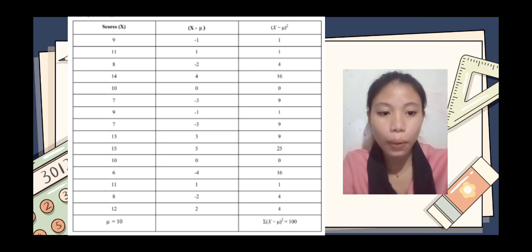So 9 minus 10 equals negative 1. 11 minus 10 equals 1. 8 minus 10 equals negative 2. 14 minus 10 equals 4. 10 minus 10 equals 0. 7 minus 10 equals negative 3. 9 minus 10 equals negative 1. 7 minus 10 equals negative 3. 13 minus 10 equals 3. 15 minus 10 equals 5. 10 minus 10 equals 0. 6 minus 10 equals negative 4. 11 minus 10 equals 1. 8 minus 10 equals negative 2. 12 minus 10 equals 2.